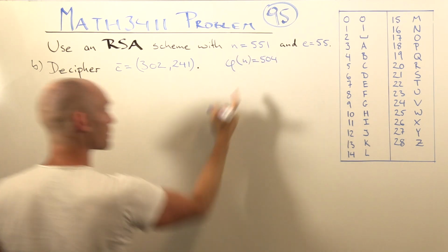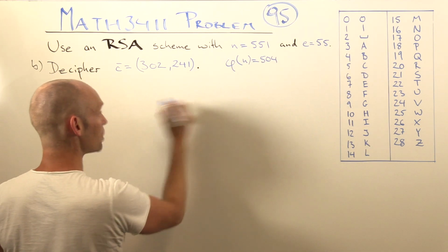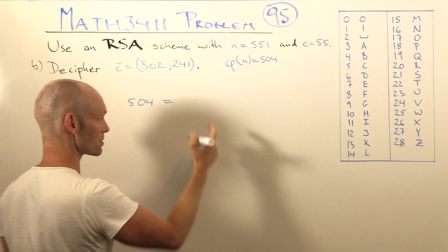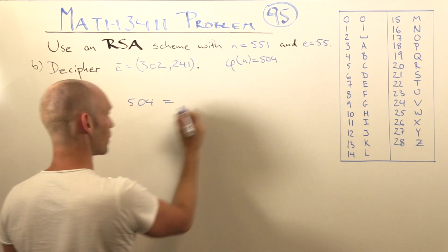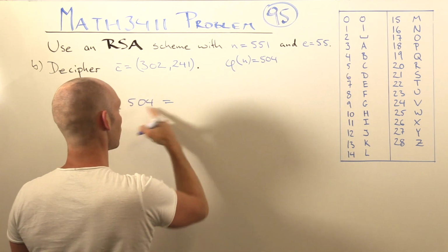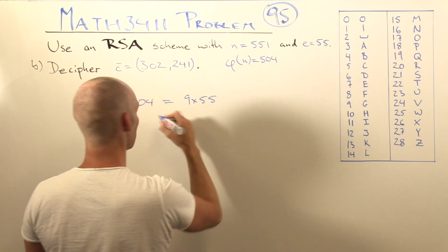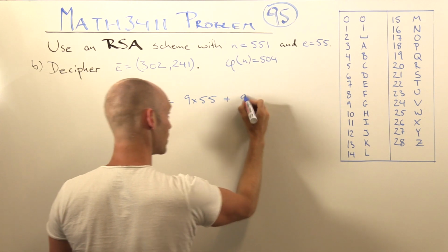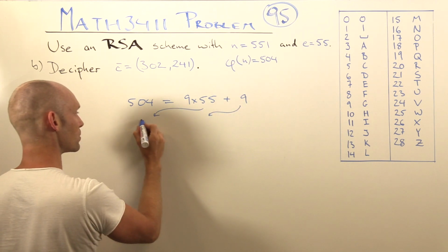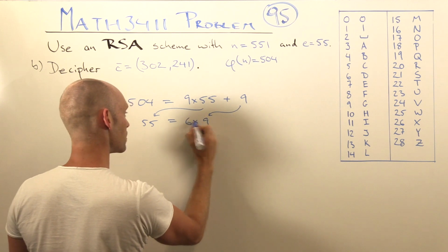We have that 504 and 55 are co-prime, so we can use the Euclidean algorithm on these two numbers and get that their GCD is 1, and then we can use that to find the inverse of E. So 504 is 9 times 55, that's 495, plus 9, and then we use the Euclidean algorithm again, now on 55 and 9, so that's 6 times 9 plus 1.